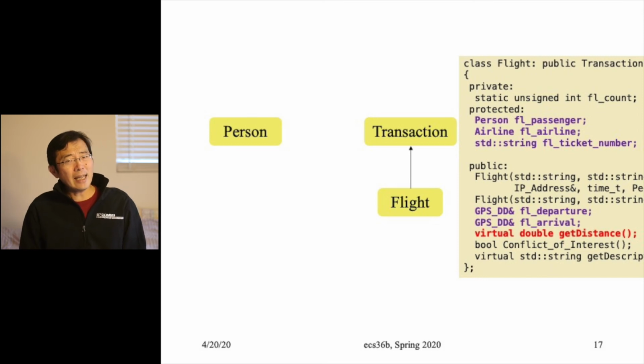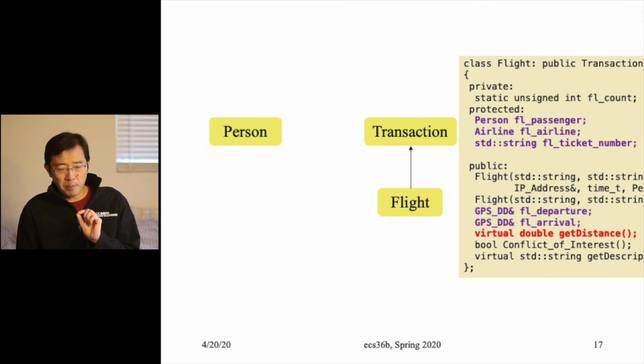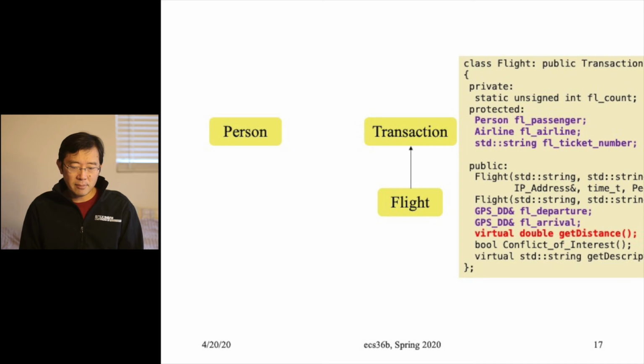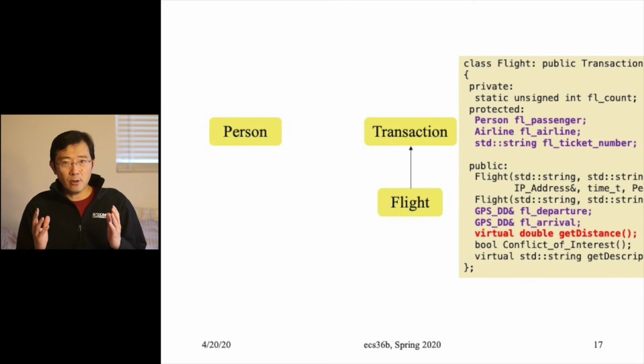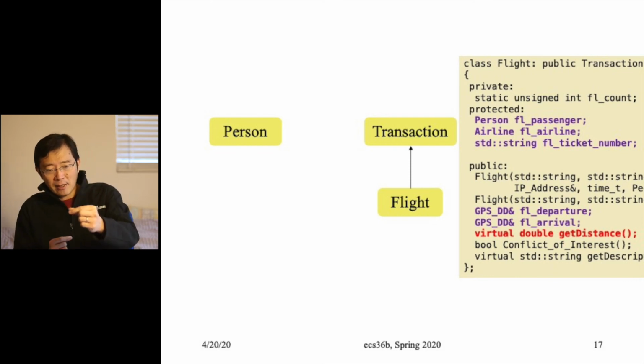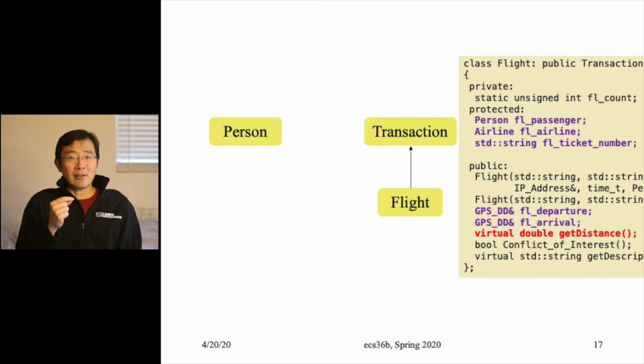One thing I'd like you to pay attention to, because I modified this a little bit: number one, I moved the get distance function to flight; number two, I made it a virtual function. Essentially, this is exactly the same as your homework assignment number 2, part 2, except I moved get distance from transaction to flight.